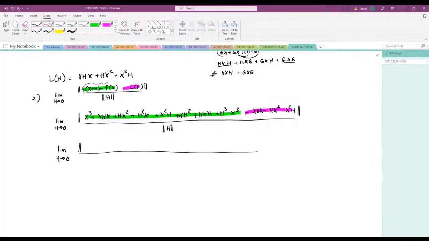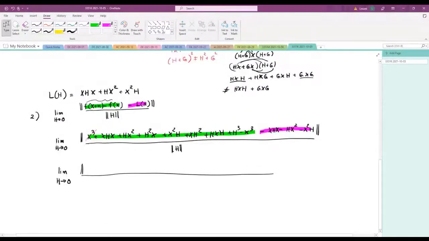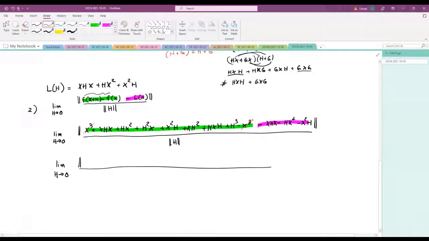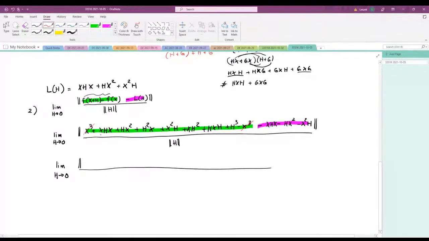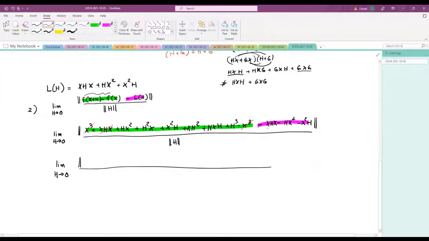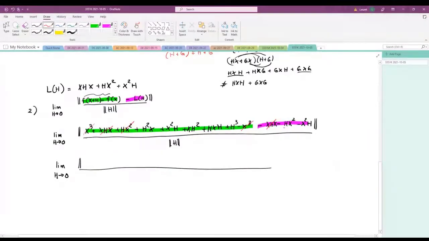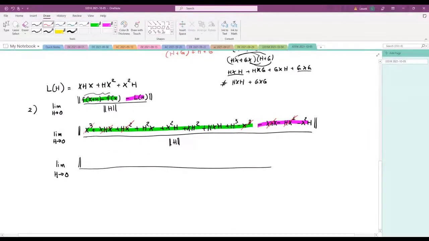So let's see, x cubed minus x cubed. Notice the linear part on h here will cancel out. The xhx cancels, it's negative there. hx squared cancels with minus hx squared. And then x squared h cancels with x squared h. So I'm just going to write down the remaining terms.